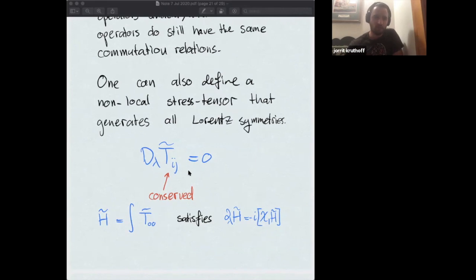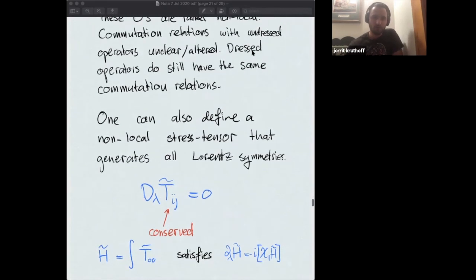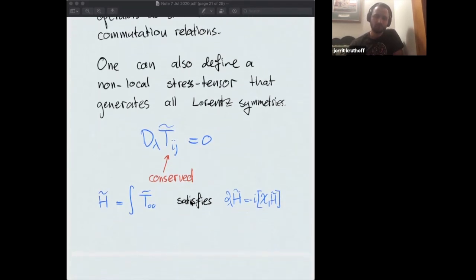And remarkably, because all the commutation relations remain the same, and that also holds for the stress tensor, it means that all the symmetries that this stress tensor generates are still the same as in the original theory.